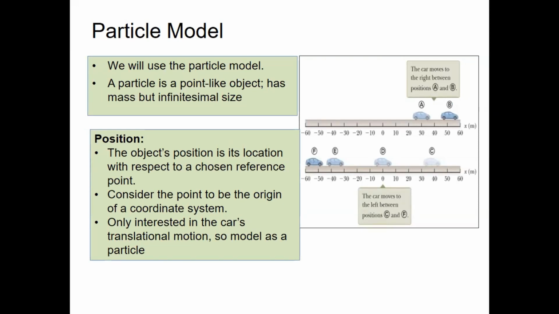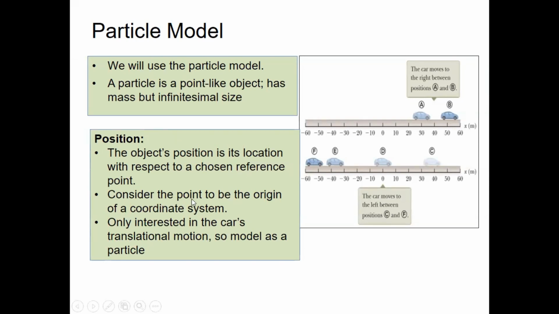So the position. The position is basically the location. It is the location with respect to some reference point. So we choose a reference point and reference frame, and the reference frame does not change, and its center, or its origin remains fixed, and the object's position with respect to that origin keeps on moving or changing.